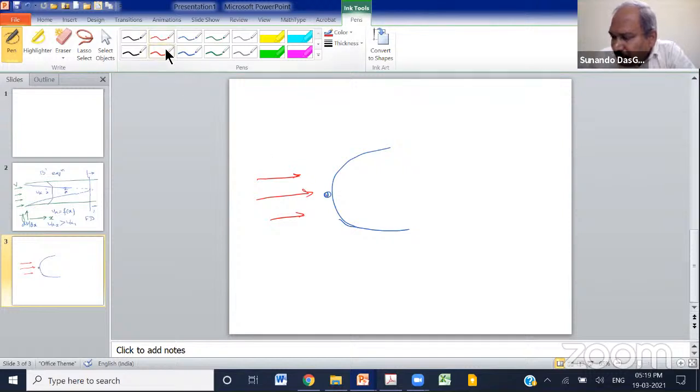This is a greatly exaggerated view of the boundary layer. It will be much thinner in the real situation.